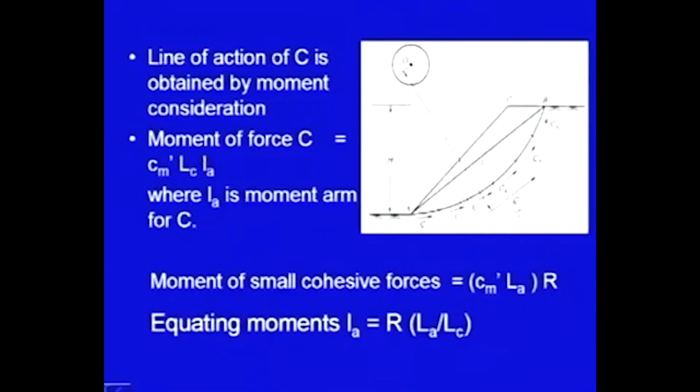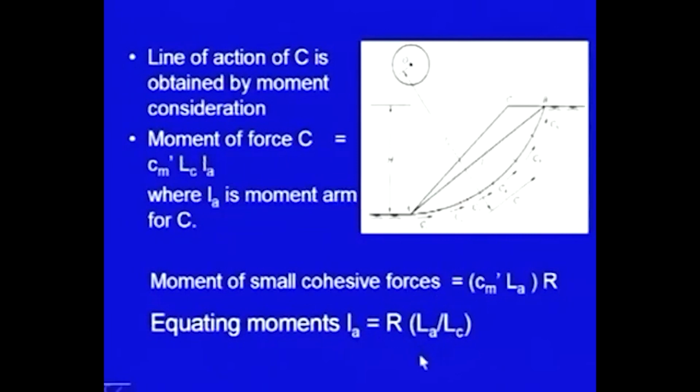We have to find out C here. So, by equating these two moments, Cm' into Lc into small la equals Cm' into capital La into R. When you equate it, Cm' will cancel and you will get the lever arm of the force C as equal to capital R into La upon Lc, where La is the length of arc, this is the length of arc, and Lc is the length of chord.